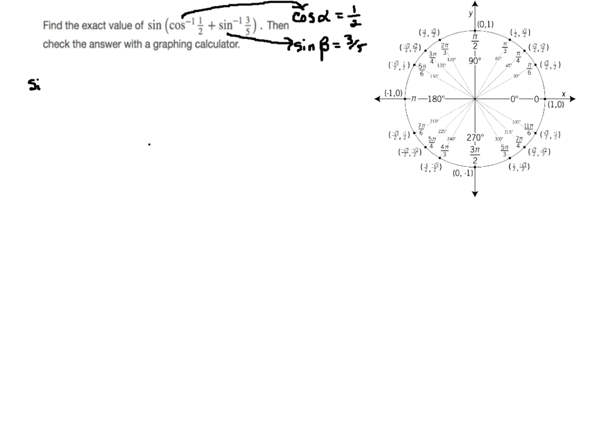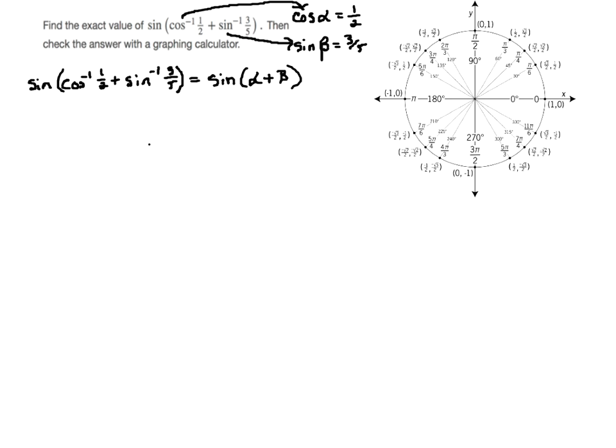So I start out with the sine of the arc cosine of 1/2 plus the sine of the arc cosine of 3/5. I'm going to set that equal to the sine of alpha plus beta.